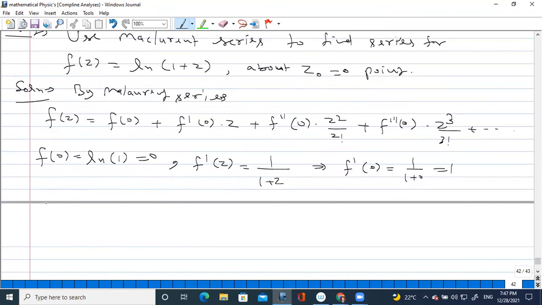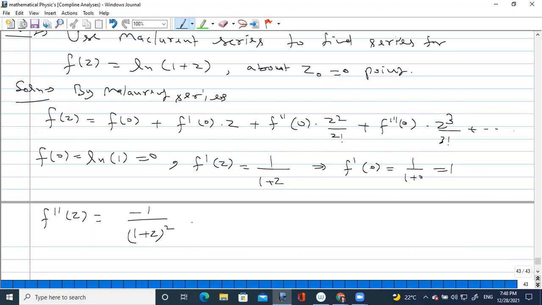Okay, so here I now want f''(z). So what is that? Double differentiation means single differentiation is this, so differentiate it. That will give you 1 plus z to the power minus 1, so minus 1 upon 1 plus z to the power 2.